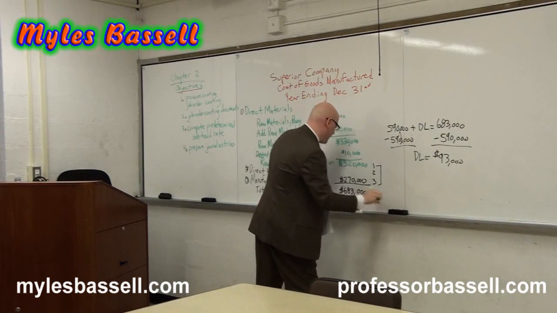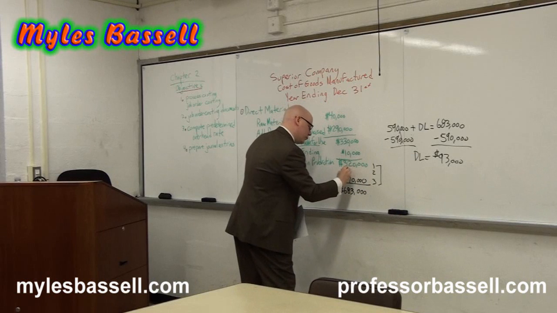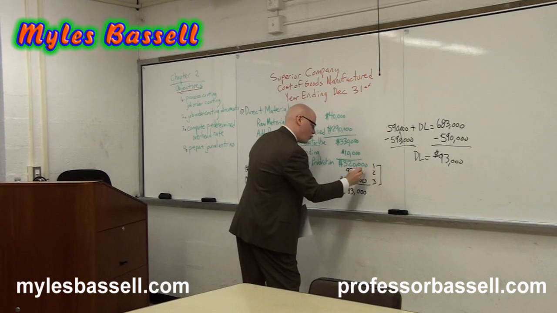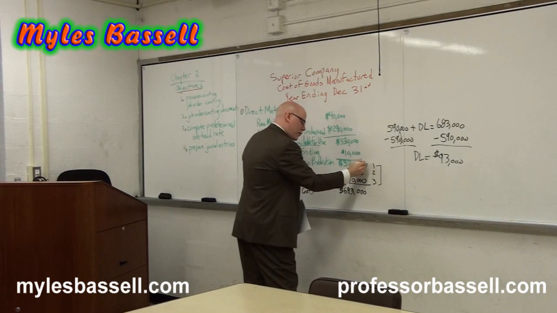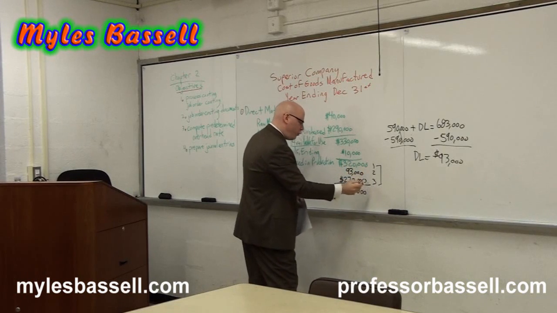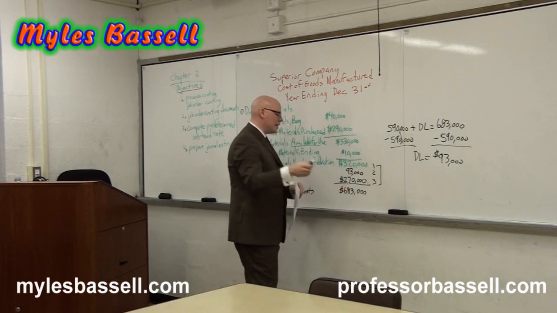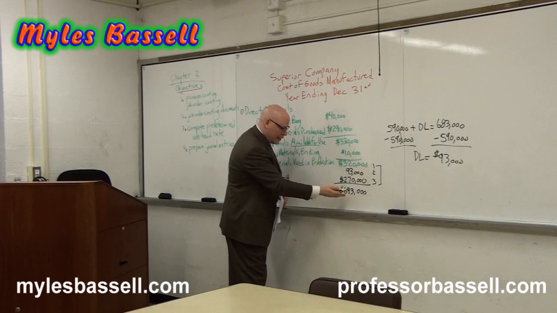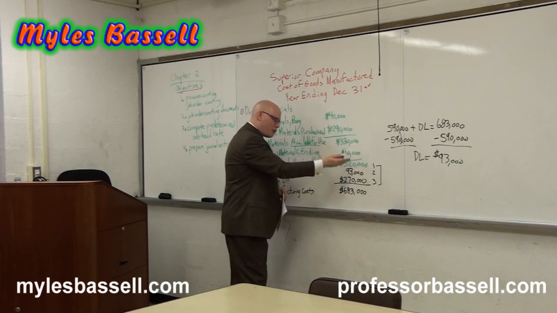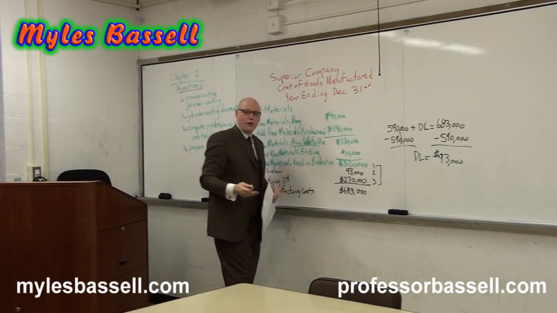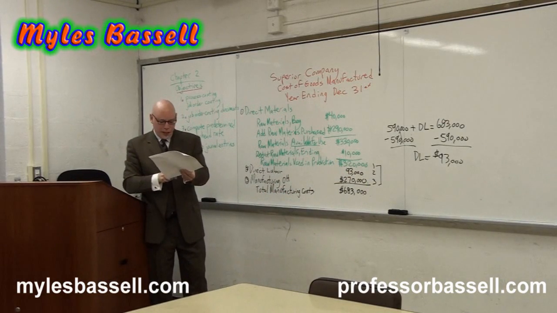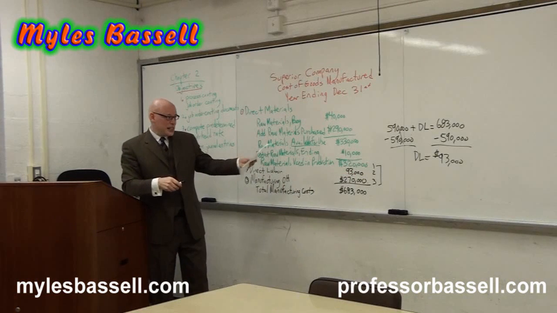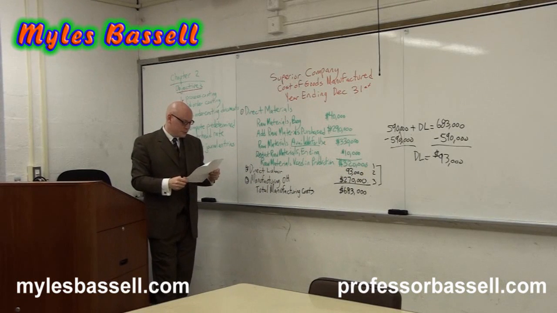If they tell us direct materials, manufacturing overhead and total manufacturing cost, then we know that total manufacturing cost is derived by adding direct materials, direct labor, and manufacturing overhead. So we should be able to solve for that. And you're going to see a problem like this on the exam.